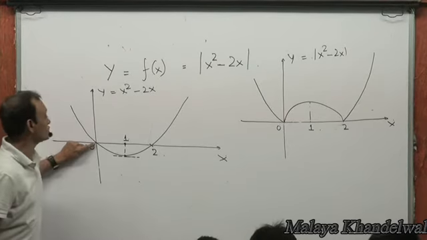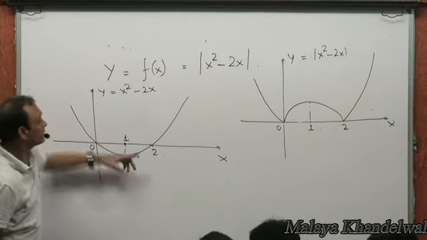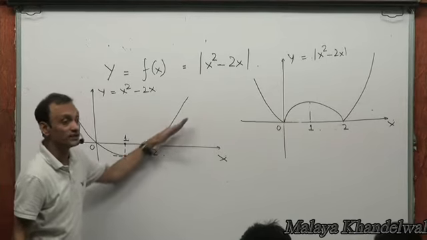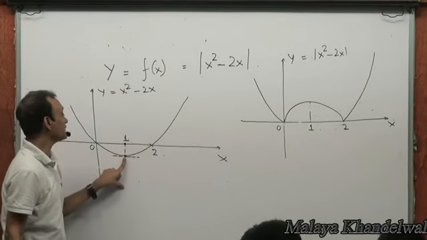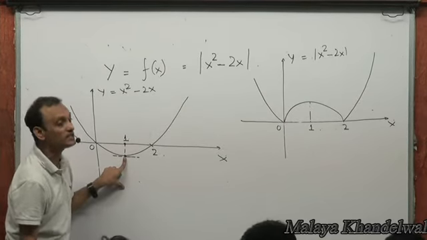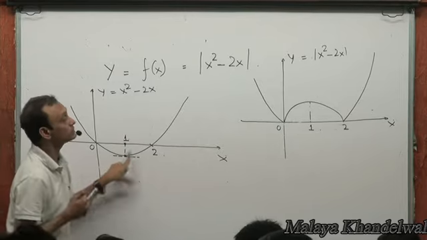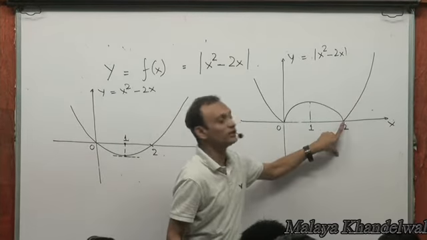Whereas this one at x equal to 0 had a decreasing trend. At x equal to 2, it was monotonically increasing. At x equal to 1, it was neither increasing nor decreasing. It was a local minimum. This one at x equal to 0 and 2.